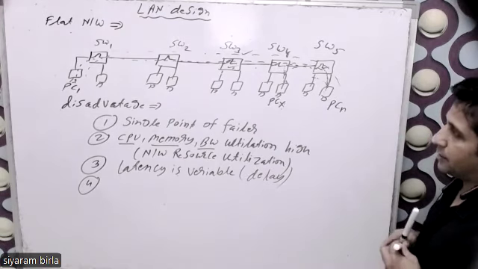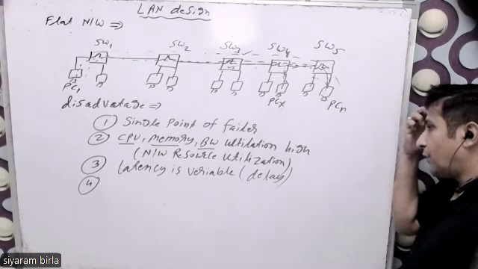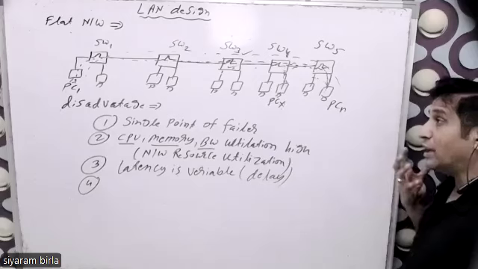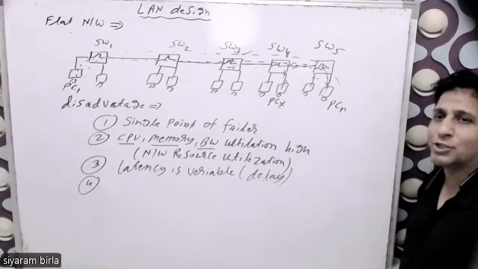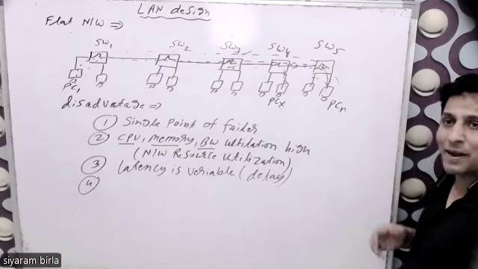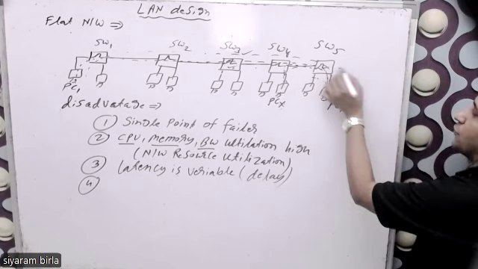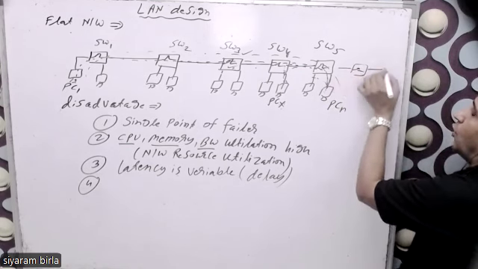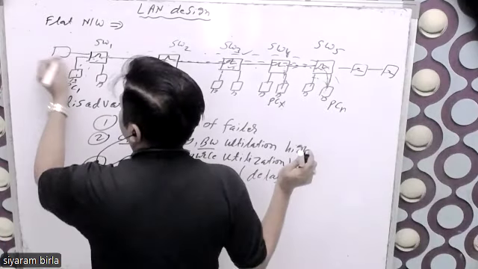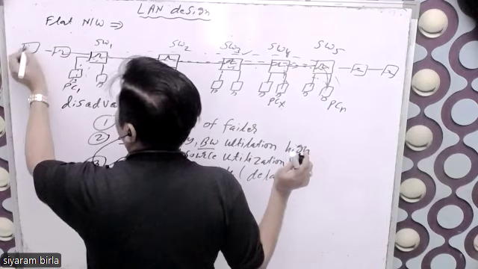if I want to increase my network, suppose my business is growing and I want to expand my network, so I put a lot of switches on this side and a lot of switches on this side. I want to extend my network.